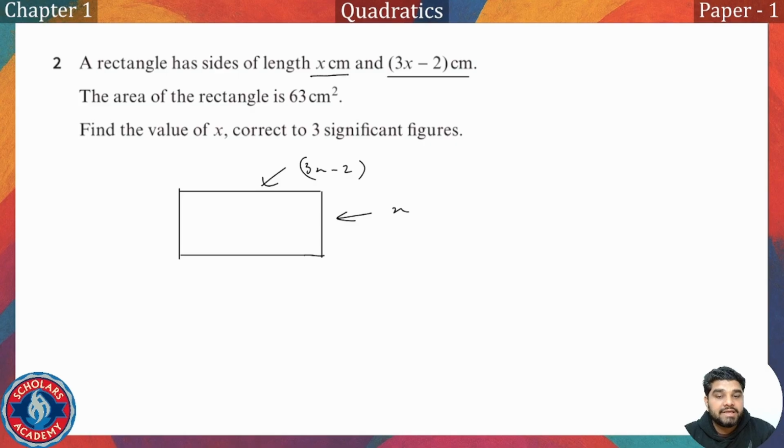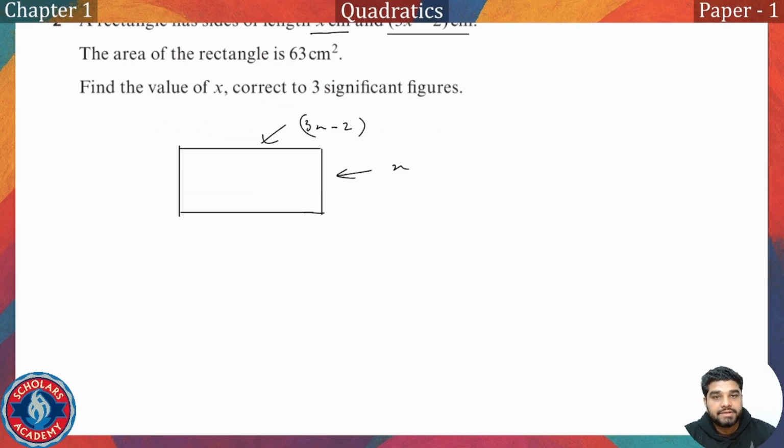Given is the area, 63 centimeters square. Area is equal to 63 centimeters square. So according to the question, the formula for area of a rectangle is length times breadth. It means length over here is 3x minus 2, width is x. So we'll substitute these values.